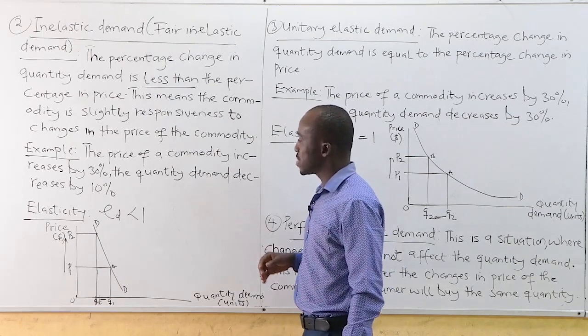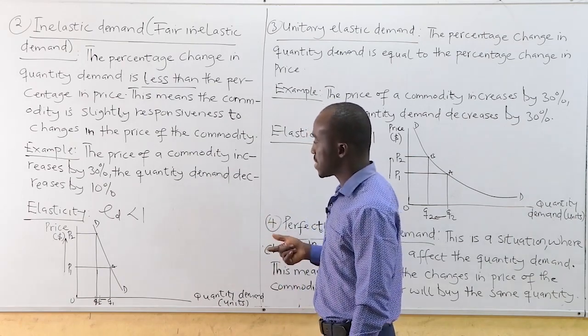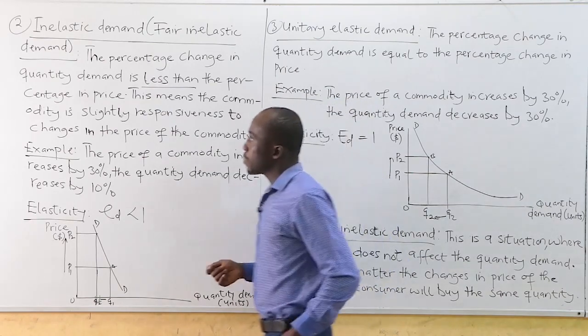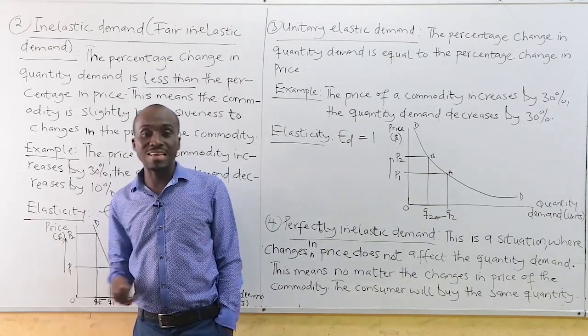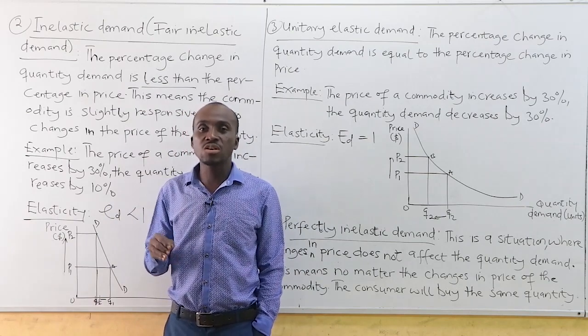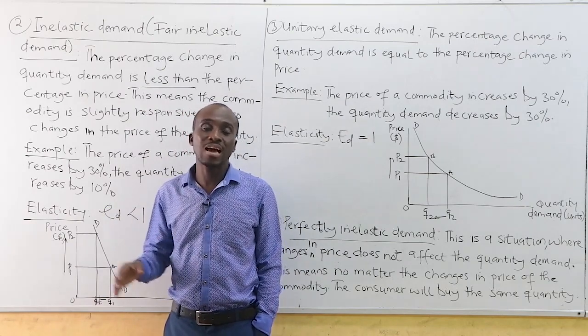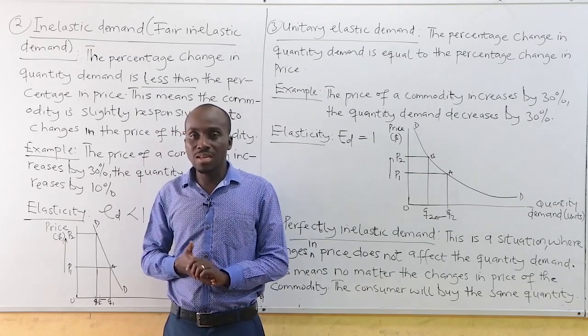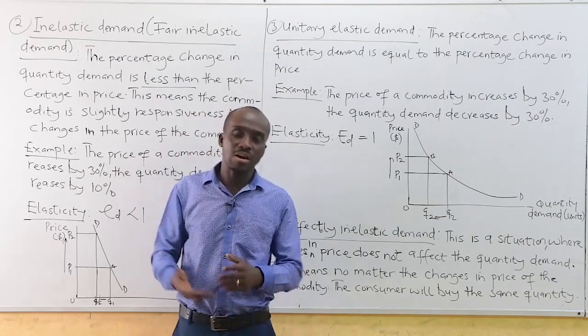Example, if the price of a commodity increases by 30%, demand will fall by only 10%. Whenever we say a commodity is inelastic, it means that the percentage change in price is always higher than the percentage change in quantity. In a simple way, it means that the commodity is not so sensitive to changes in price.